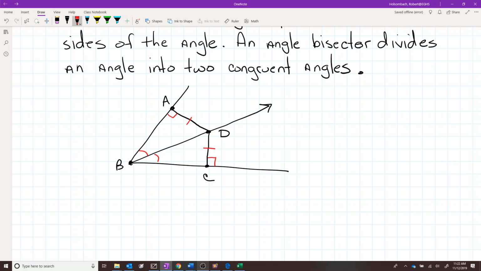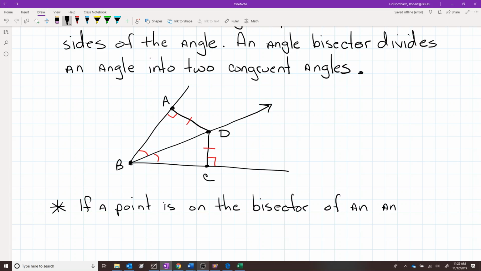Alright, so let's write down these two rules as well. It's going to be a little bit repetitive, but I want you to have the theorems in your notes. If a point is on the bisector of an angle, then it is equidistant from the sides of the angle.